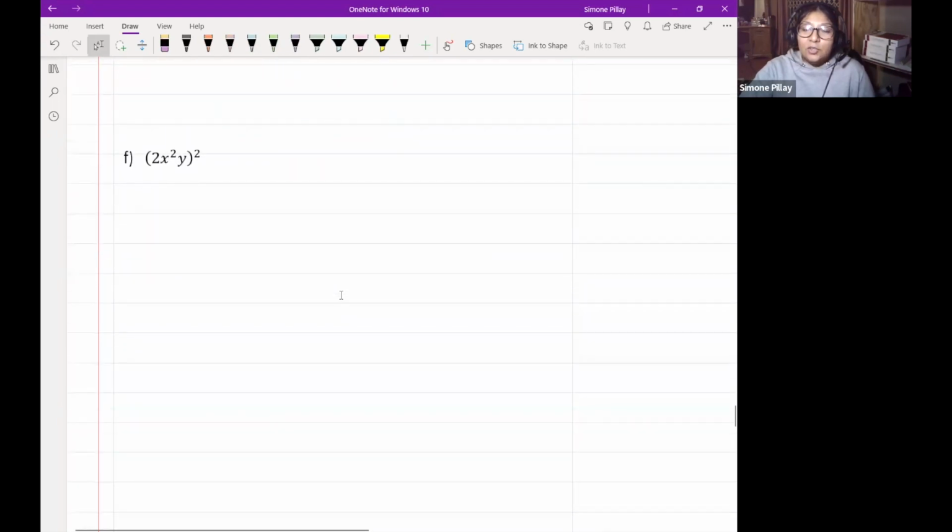Okay, so let's try this one now that we have an understanding of what we are going to do. We can still keep our brackets if we want to. I'm going to say 2 to the power of 1 times 2, times x to the power of 2 times 2, times y to the power of 1 times 2.